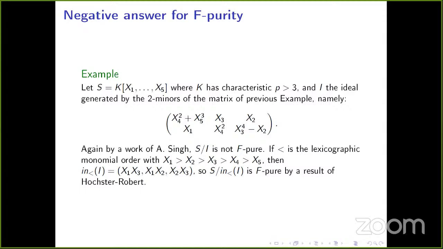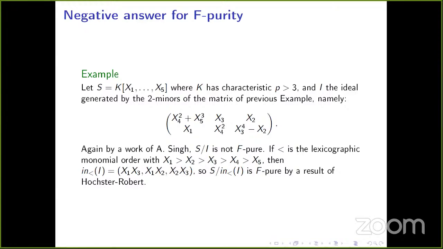Then again, by the same work of Anurag Singh, one can see that S mod I is not even F-pure. And in this case, we can find a monomial order. Take the lexicographic monomial order with x1 greater than x2, greater than x3, greater than x4, greater than x5. Then one can compute the initial ideal.